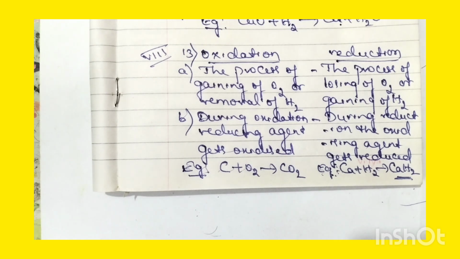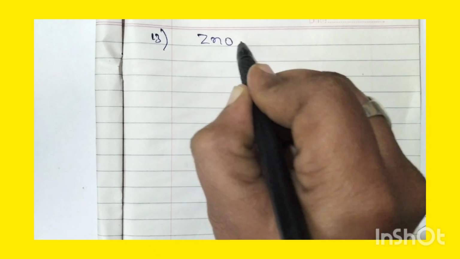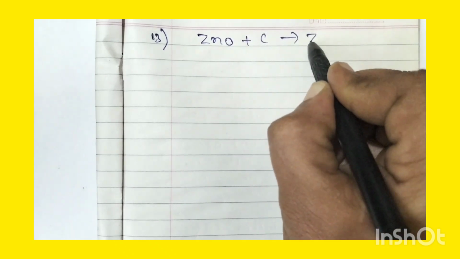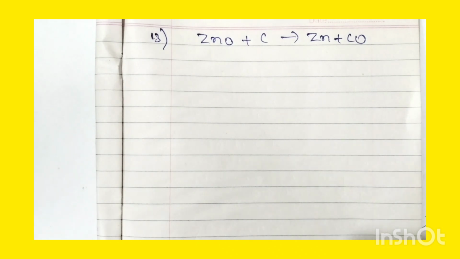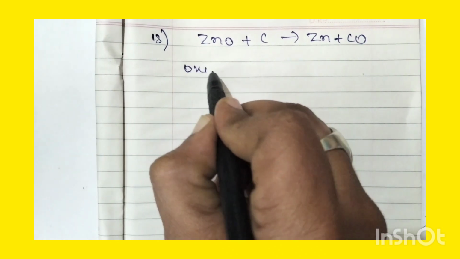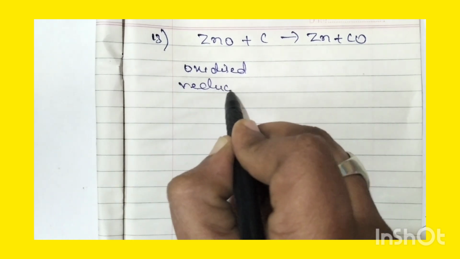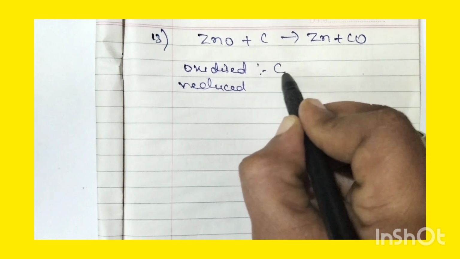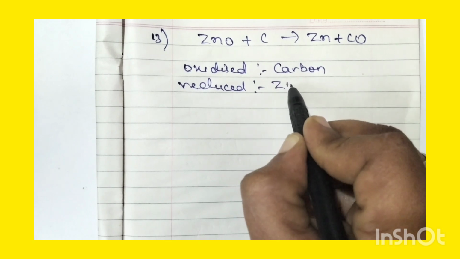Now let us move to the next. In that one, only one more question is there. So the 13th B question. They have given ZnO plus C gives Zn plus CO, and they asked which is oxidized and which is reduced.